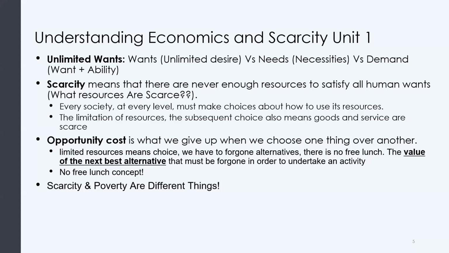Now, if you combine these two things, unlimited wants and scarcity, you are going to make a choice, right? So let's assume you've got land, you've got labor, you've got capital. So you can either produce wheat, or you can produce some oranges, or you can produce some maize meal. So there are different things that you can do, right? Some vegetables, if you want cabbages, right?